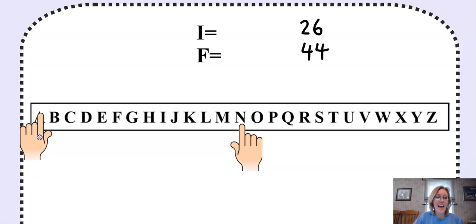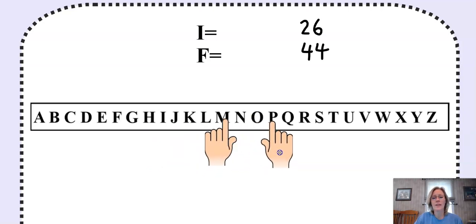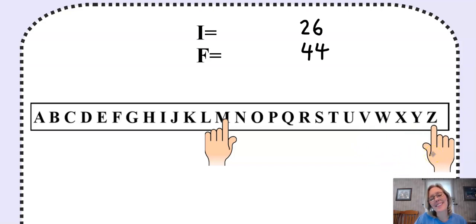A, B, C, D, E, F, G, H, I, J, K, L, M, N, O, P, Q, R, S, T, U, V, W, X, Y, Z. And that's practicing accent, which means we say the letters how? Louder, longer, and stronger. Good.